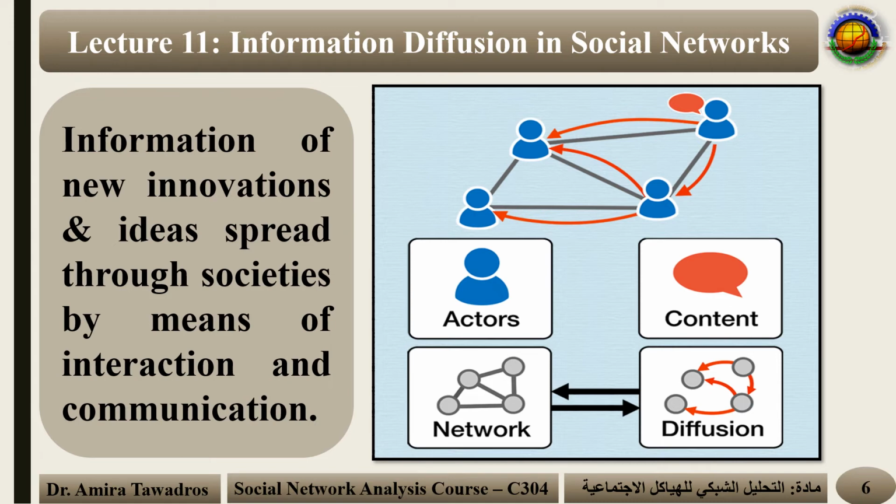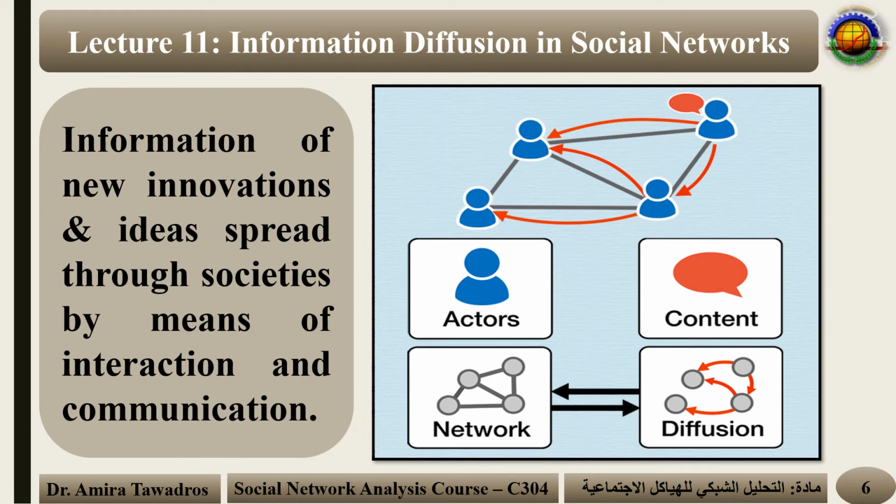We have people or actors, which represent nodes in our social networks, and we have a content. This content may be an idea, it may be a new fashion, it may be a new innovation, it may be a gossip, it may be anything. So any type of content or message transfers from one actor to another.